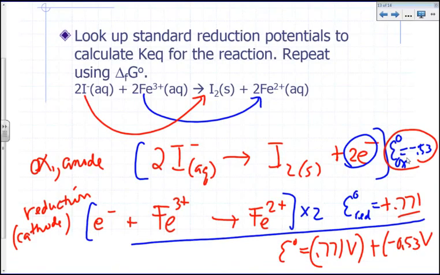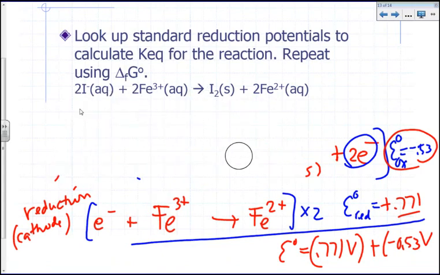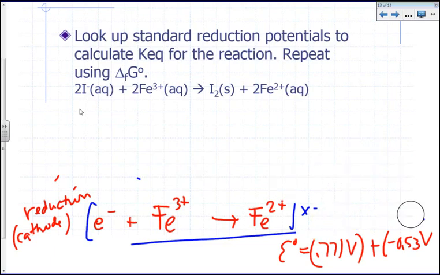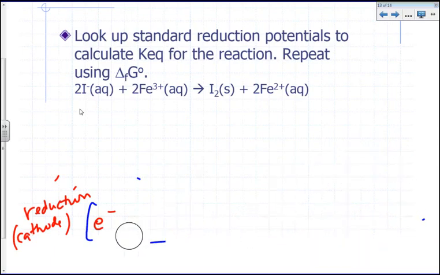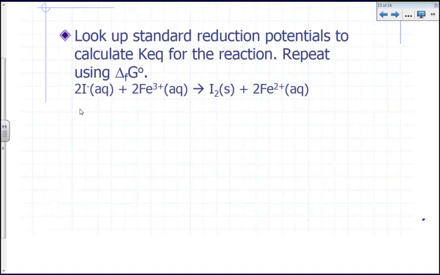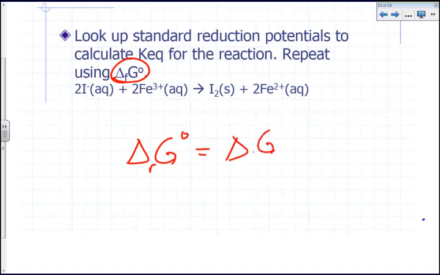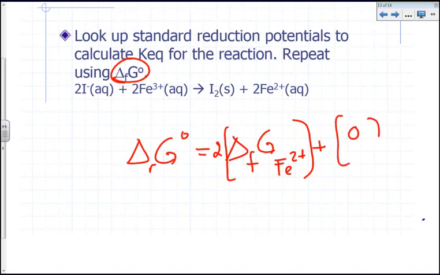Okay, so finally, let's calculate the KEQ based on the delta G of the reaction. So what you're going to need to do is calculate the delta G. Look up the delta G of formation from a table in your textbook. So the standard delta G of this reaction is equal to delta G formation of the products, which would be 2 times the value for iron per mole, plus iodine would be 0.